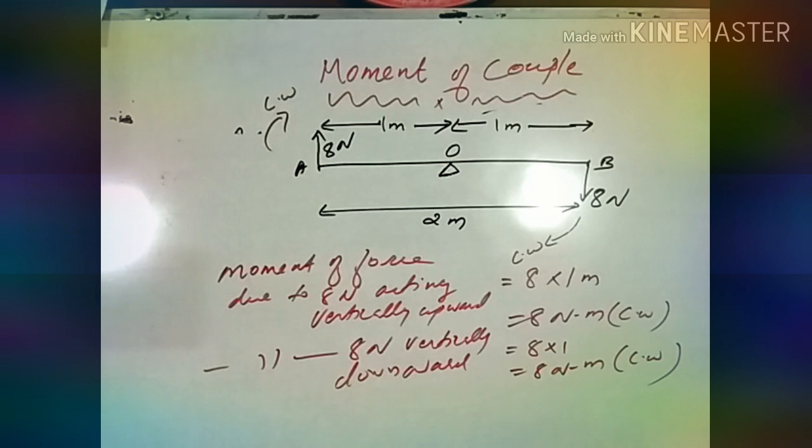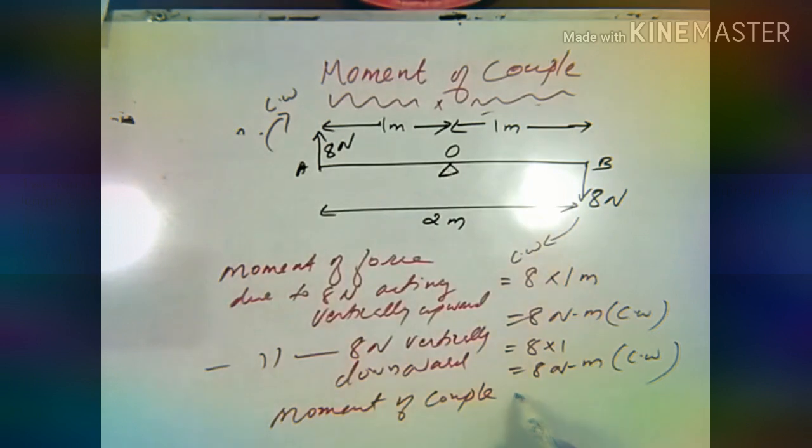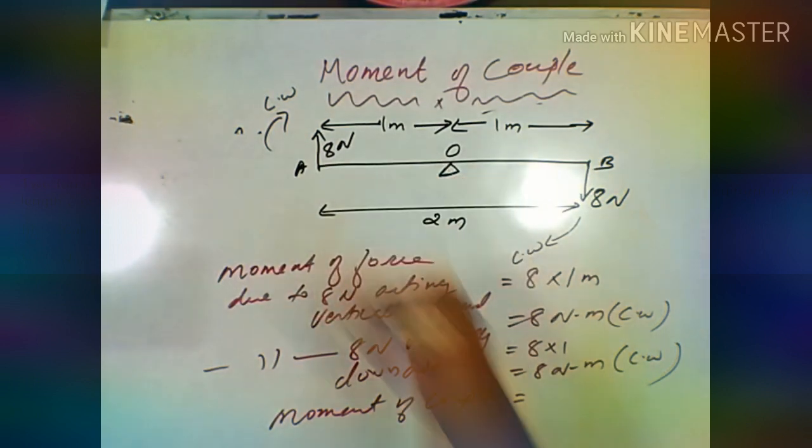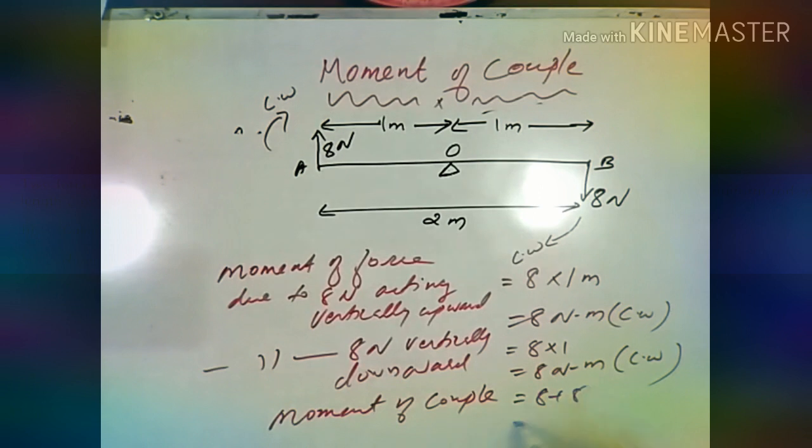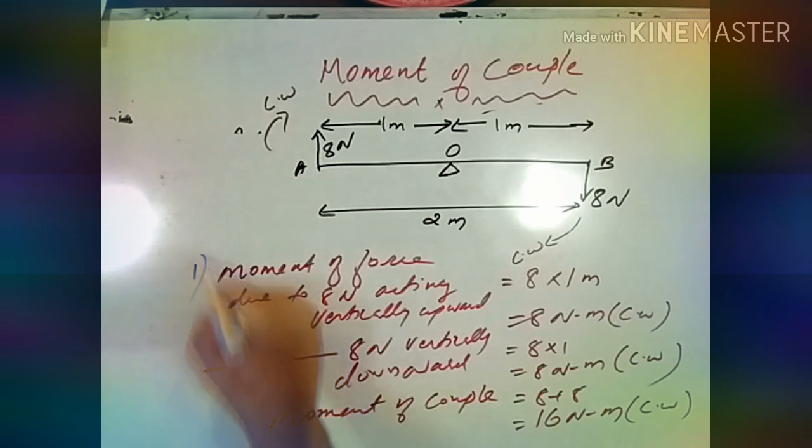What is the total moment of force, or we can say moment of couple? It is also known as the total moment of force about the midpoint O. Since it is in the same direction, they get added up: 8 plus 8, we get 16 Newton meter, again in clockwise direction. Yes, this is the first part of the question that we have completed.